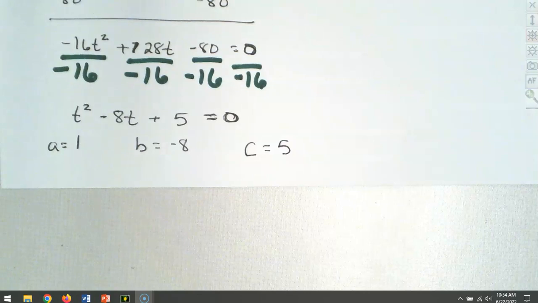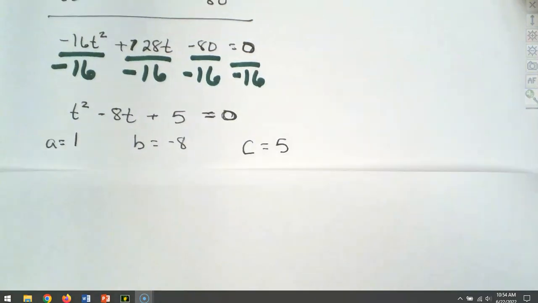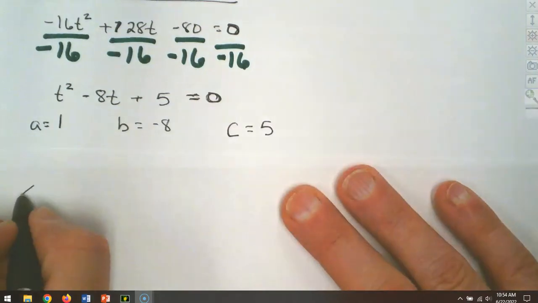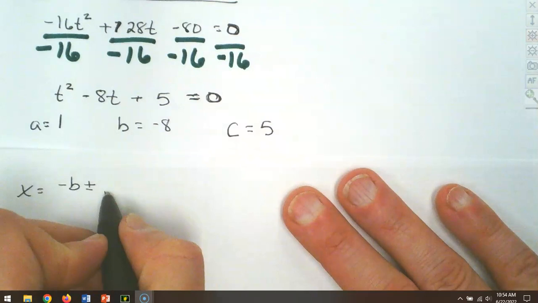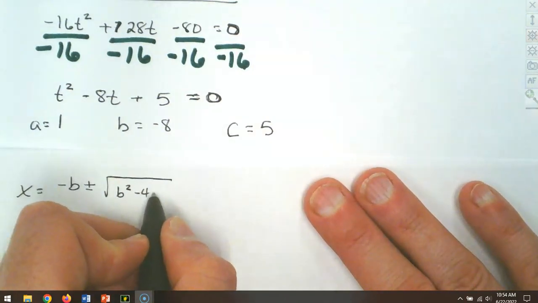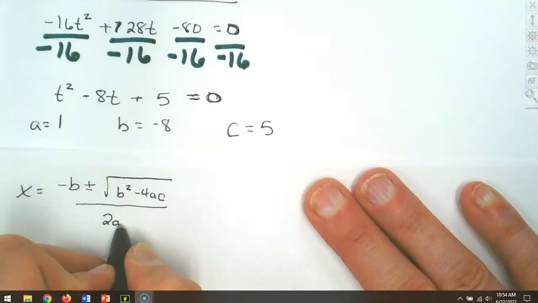Let's write up our quadratic formula. And our quadratic formula is x equals minus b plus or minus the square root of b squared minus 4ac, all over 2a.